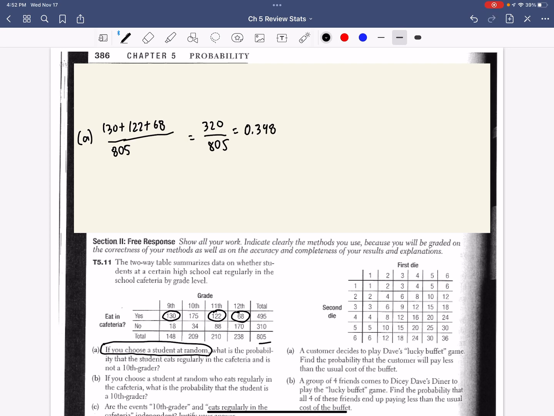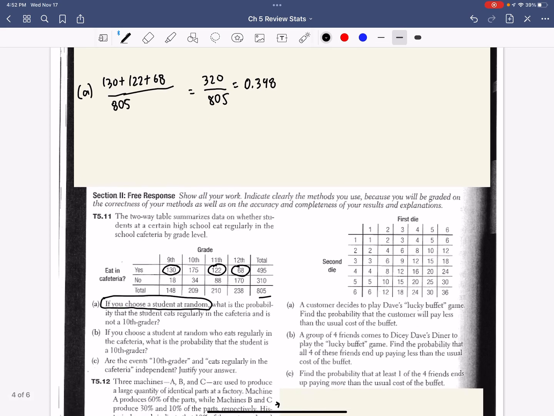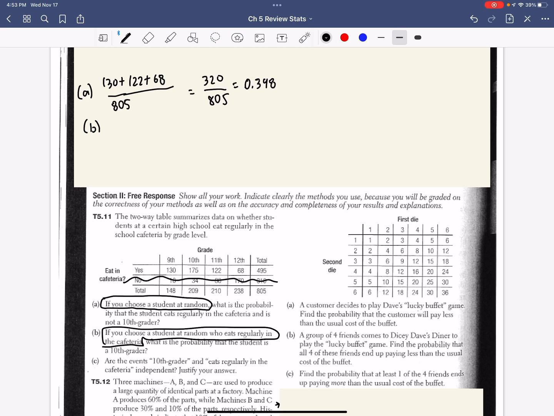Next question. If you choose a student at random who eats regularly in the cafeteria, my denominator is something different. I'm choosing a student who eats regularly in the cafeteria, so these people are completely ignored, and I'm picking from the 495 students.